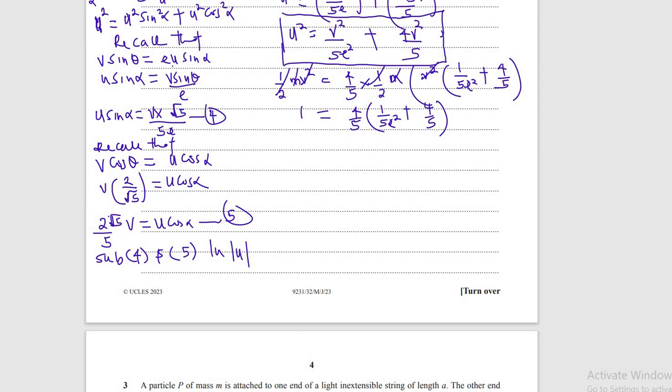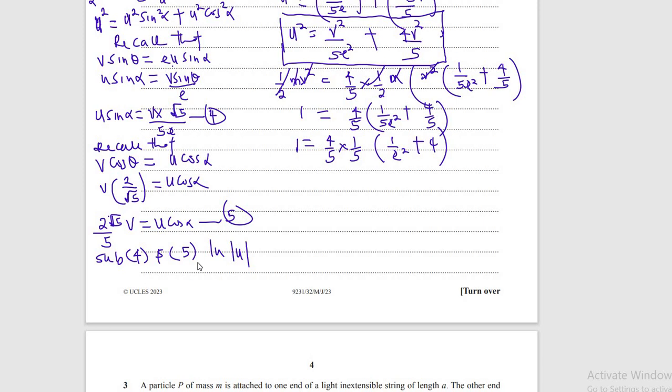So let's simplify. The 1 over 5 is also common there. So most likely you have 1 equal to 4 over 5 times 1 over 5 into bracket 1 over e squared plus 4.